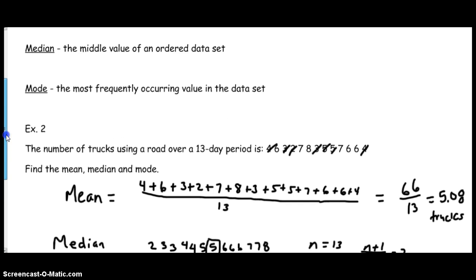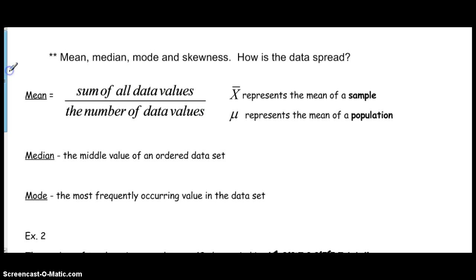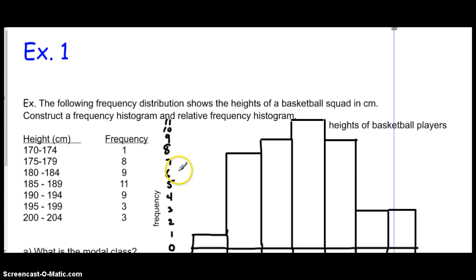Alright, so one thing I forgot to mention before I started talking about mean, median, mode was about the relative frequency histogram, and that would be when you would take your data and put it into percentages, and that's what you would chart. So it would say the percentage of the frequency. So that's the difference between the relative frequency histogram and a frequency histogram.